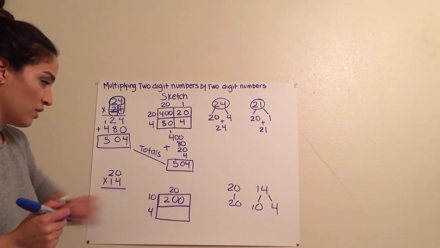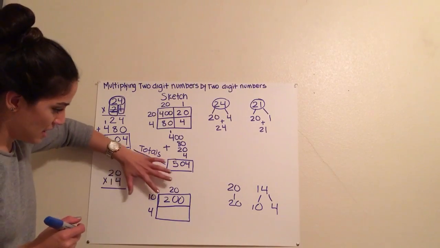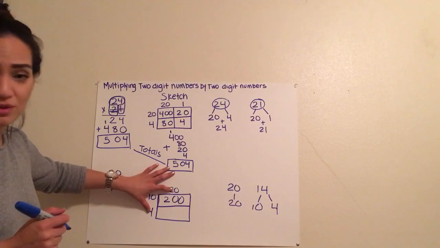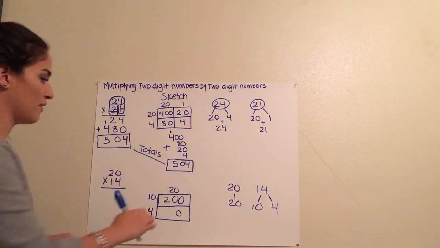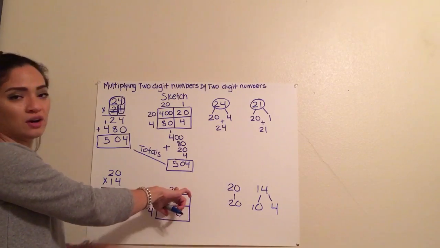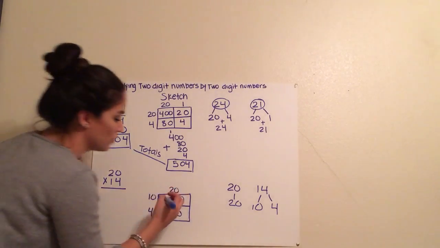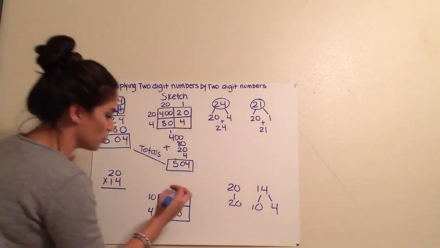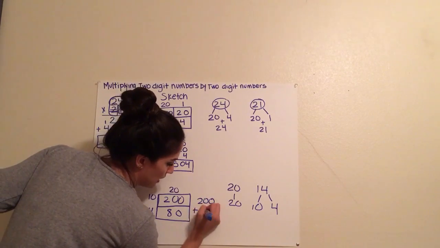Now we're done with that box. We go to the next one. 4 times 20. Again, if I cover these two numbers, how many zeros do I end up with? Just one. So I immediately put my 0, and then if I cover the 0 that I already put over here, what do I end up with? 4 times 2. What is 4 times 2? 8, so 80. Now I get my partial products, 200 plus 80.